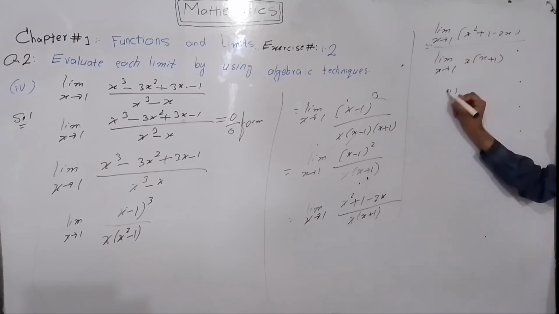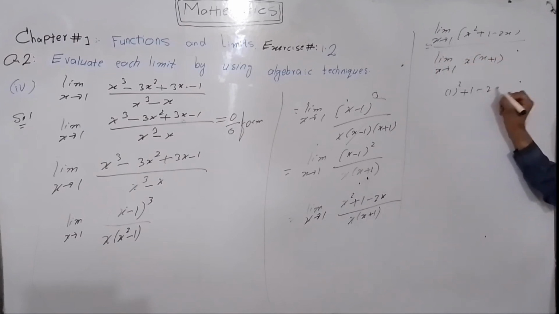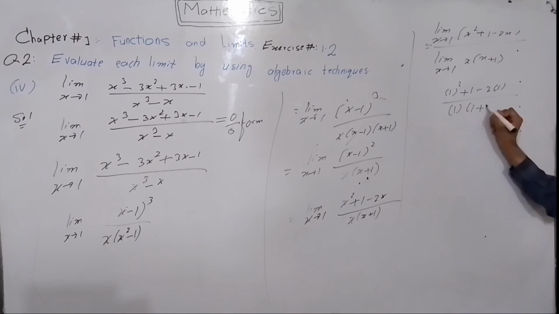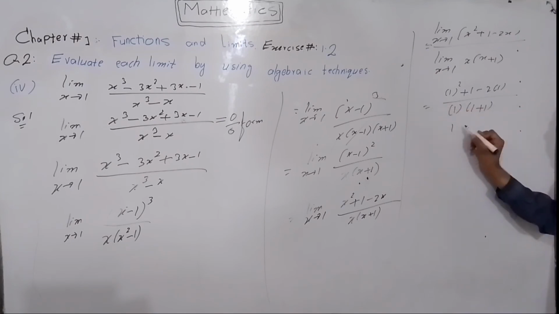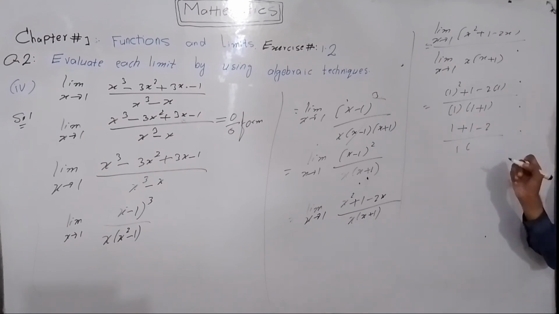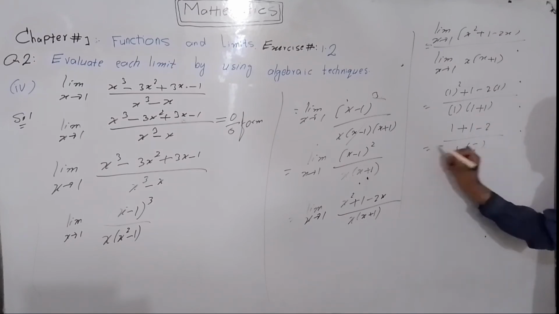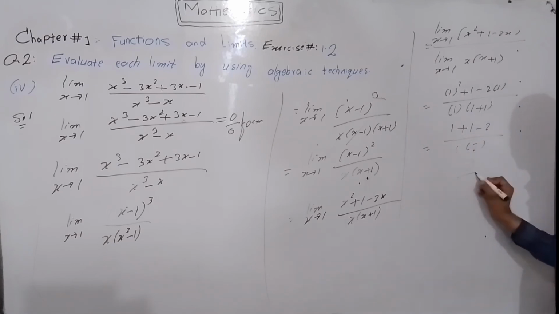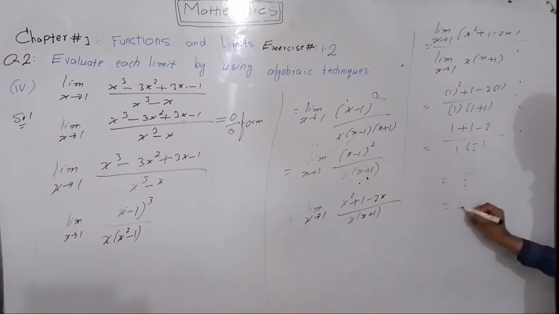So 1 square plus 1 minus 2 into 1, divided by 1 into (1 plus 1), which is 1 plus 1 minus 2 divided by 2. 1 plus 1 is 2, 2 minus 2 is 0, 0 by 2, which is equal to 0.